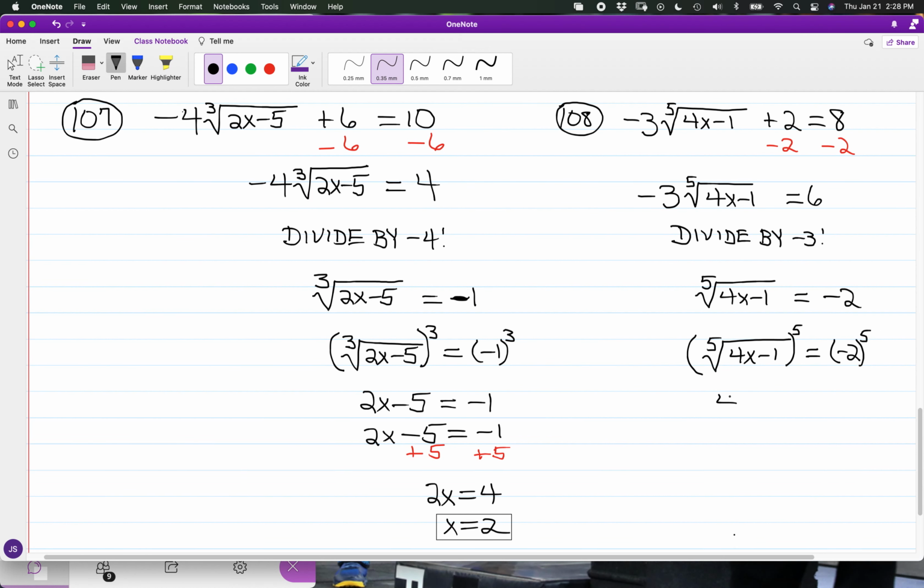So we have 4x minus 1 equal to, and for -2 to the 5th, going from -2 to 4 to -8 to 16, and 16 times -2 is going to be -32. And so we have 4x minus 1 equal to -32.